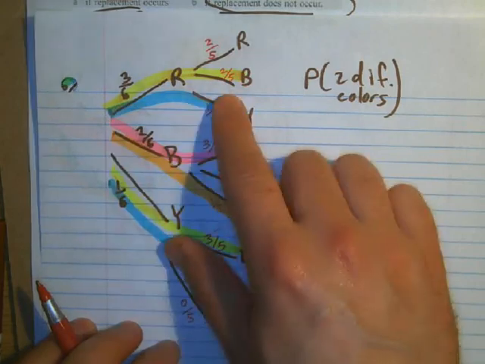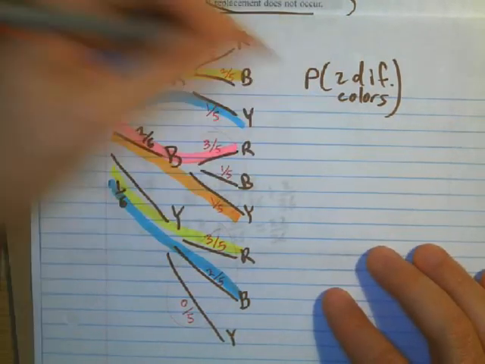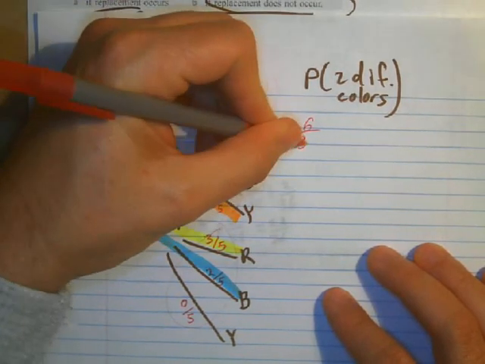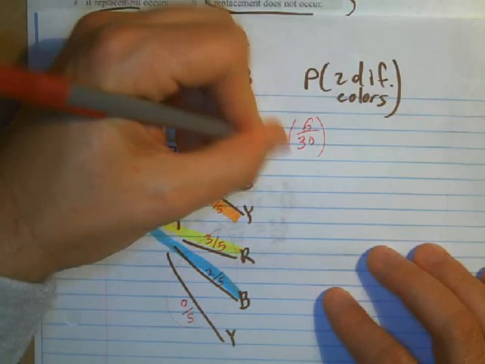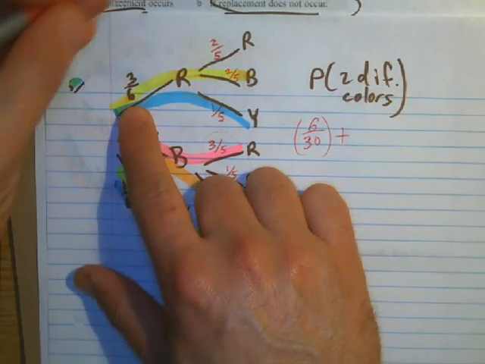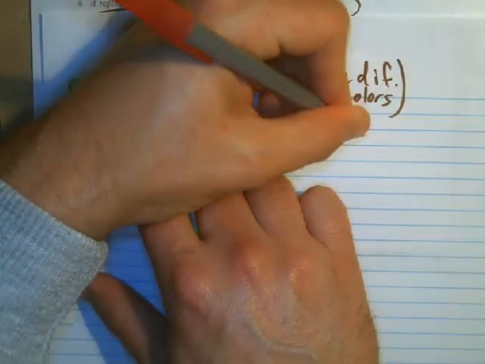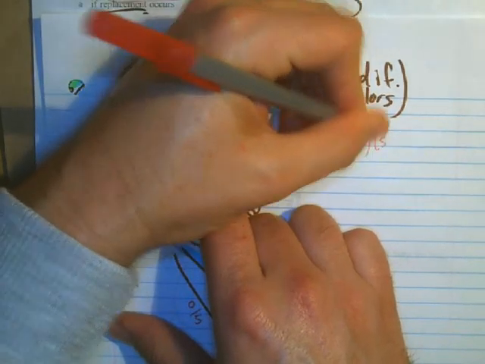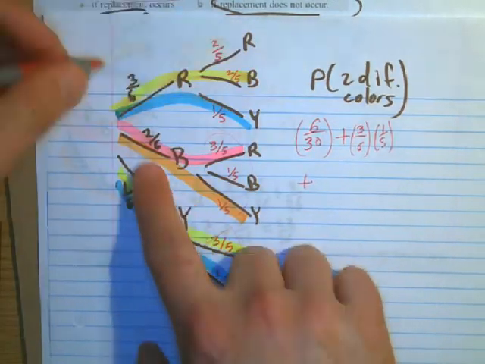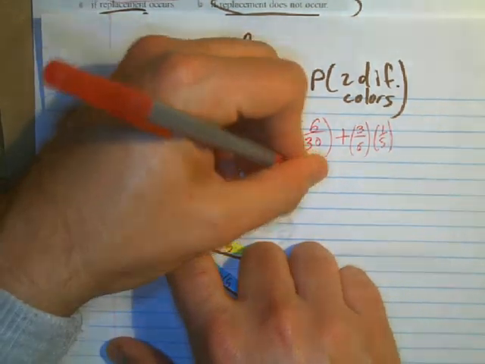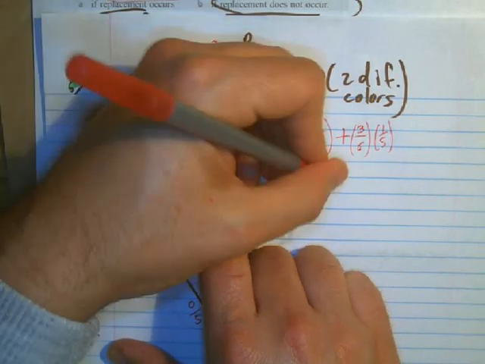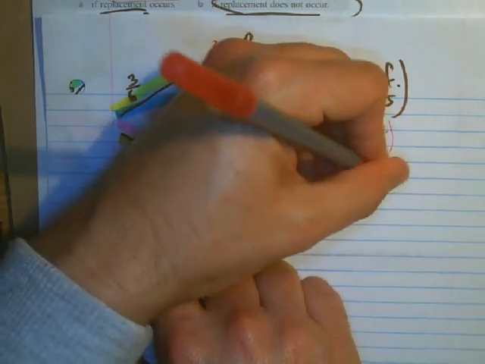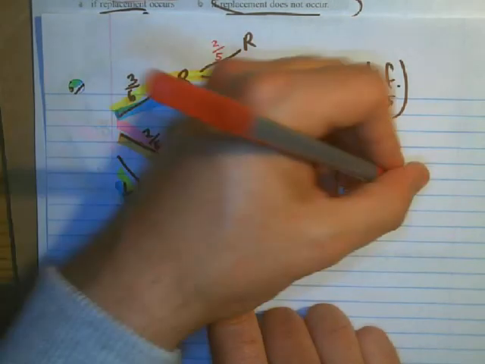So this first bit, 3/6 times 2/5 is going to give me 6 over 6 times 5 is 30, plus 3/6 times 1/5, plus 2/6 times 3/5, plus 2/6 times 1/5.